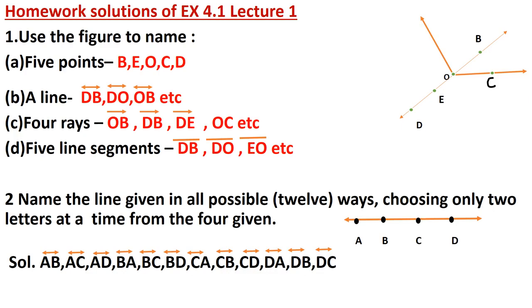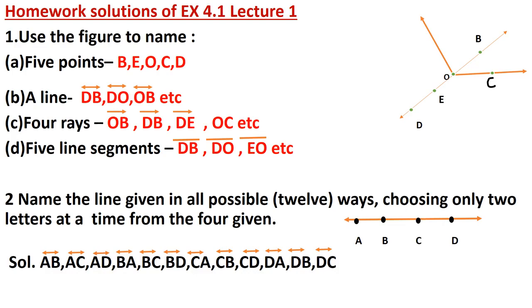Some I have written, though only one is asked. So you can name any, D, E. But when you are naming a line, you make a line and above that you make arrows on both sides. Then it is a line. If you do not make arrows, then it becomes a line segment.